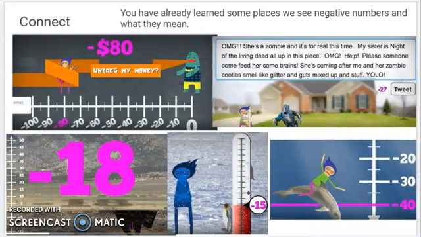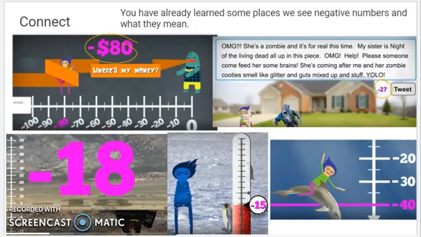So you've already learned some places where we see negative numbers and what they mean. We watched a video about yourself, and we talked about the meaning of some negative numbers, like when you owed your friend Raul $80. You had negative $80 at that point because you owed $80 to him. We talked about when you overtweeted, when you were being chased by a zombie, you had negative 27 characters left in your tweet.